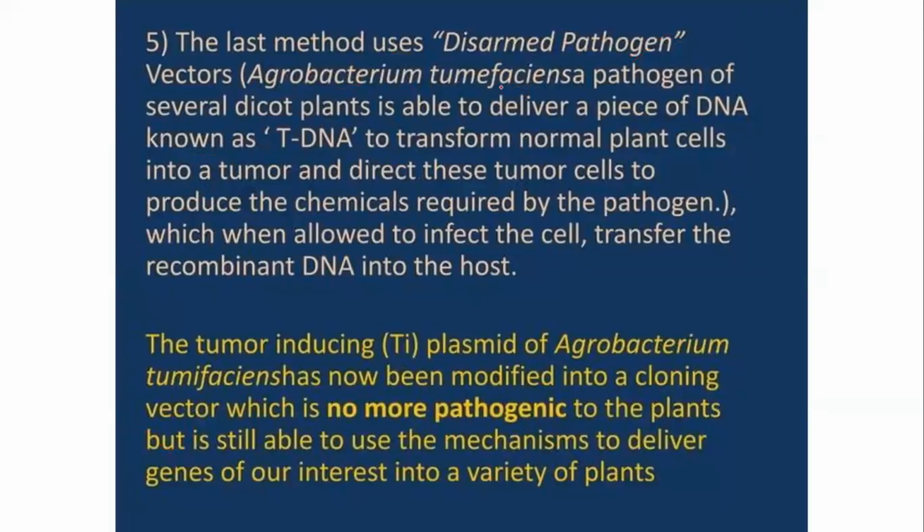Now, the last method uses disarmed pathogen vectors, for example, the Ti plasmid from Agrobacterium tumefaciens. Agrobacterium tumefaciens, a pathogen of several dicot plants, is able to deliver a piece of DNA known as T-DNA to transform a normal plant cell into a tumor and direct these tumor cells to produce the chemicals required by the pathogen.